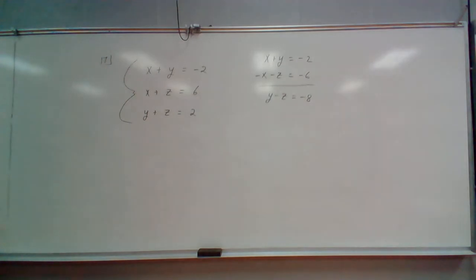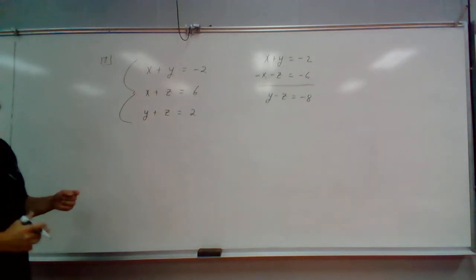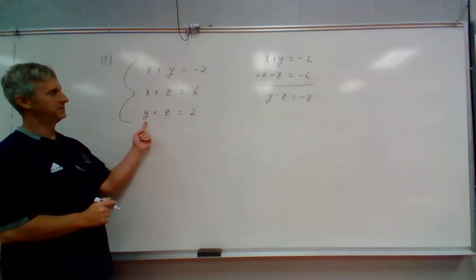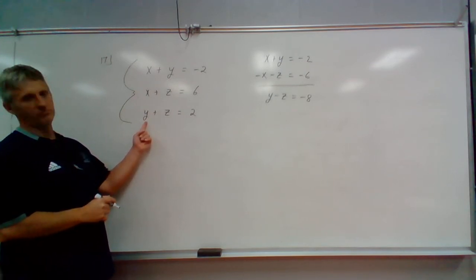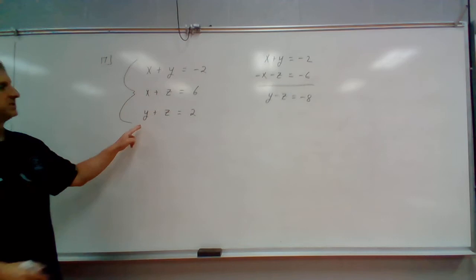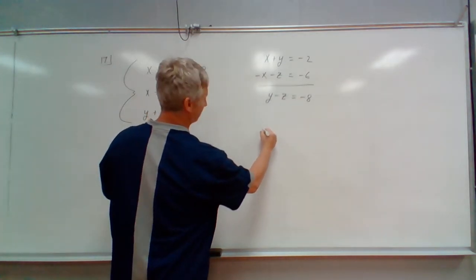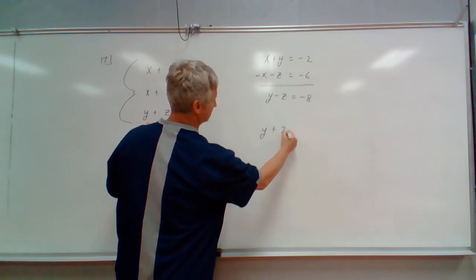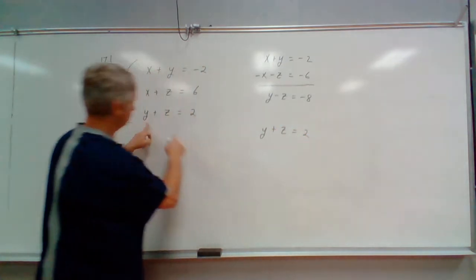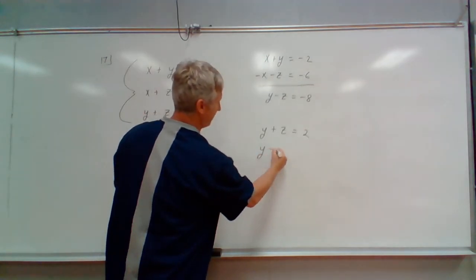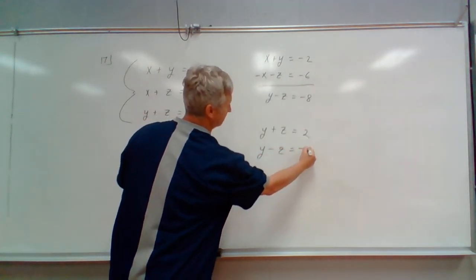All right, so how did that help me? Well, now I can make a substitution into this next, well, maybe it'd be easier not to even substitute. So now I have these 2 equations. I have y plus z equals 2, and I have y minus z equals -8.